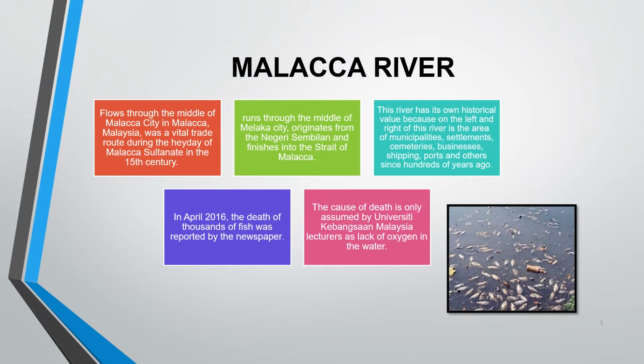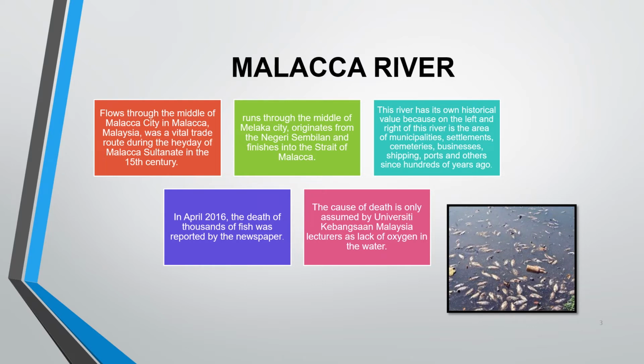Therefore, this river has its own historical value, but on the left and right of this river are municipal settlements, cemeteries, businesses, shipping, ports, and others since hundreds of years ago.